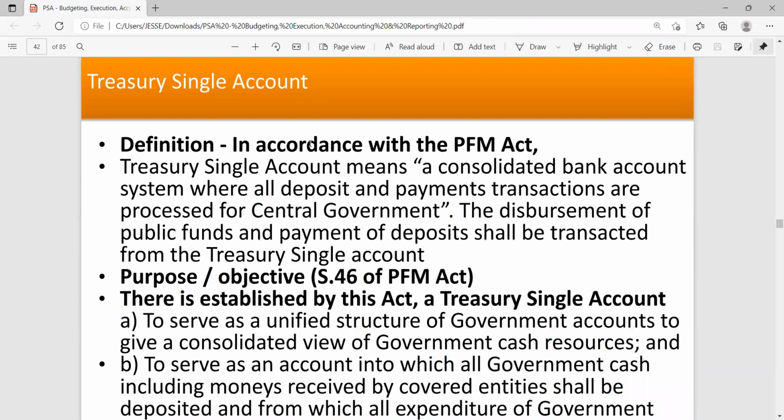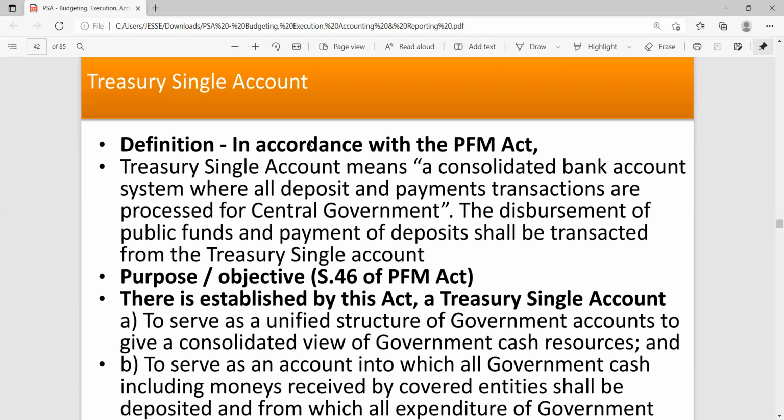Okay, now let's talk a little bit about the Treasury single account. The Treasury single account is simply a consolidated bank account where all deposits and payment transactions are processed for central government. So this is a bank account that is consolidated, and all government transactions are processed here.